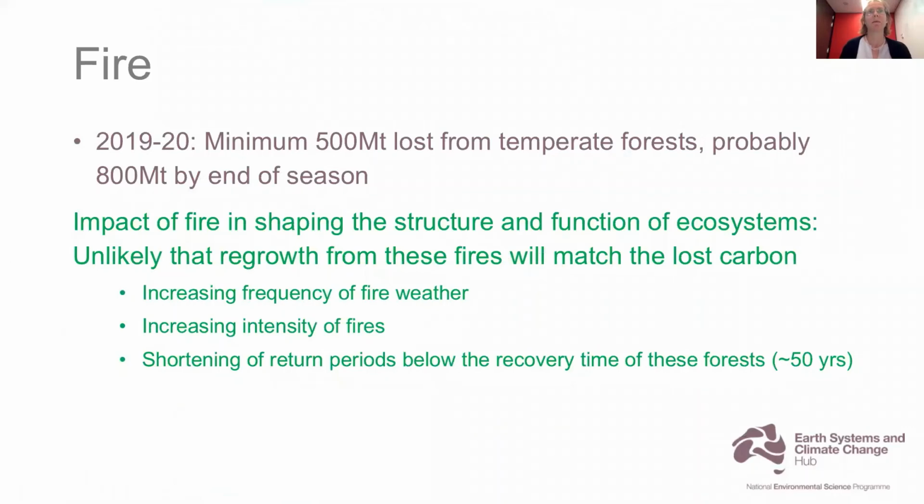Okay, but of course we haven't yet explored the carbon losses from the current fire season.